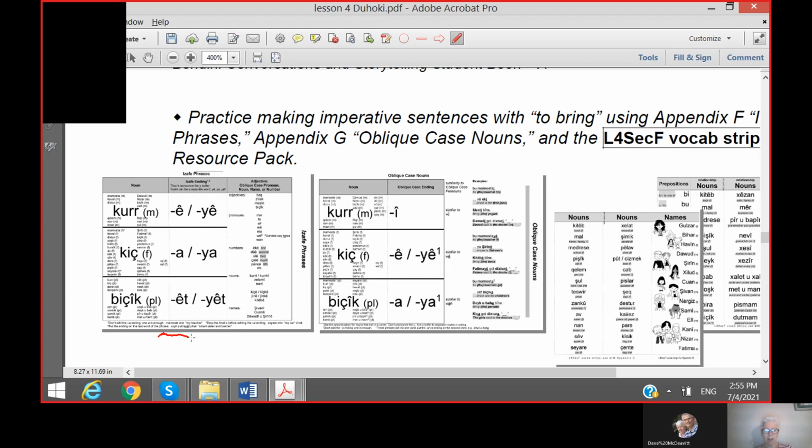So here's Appendix F, G, and all those strips are already attached for you in your books. And you're going to make imperative sentences. So you can say Bina, okay?